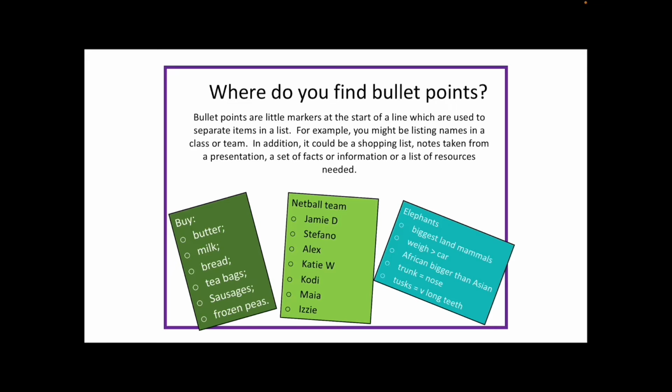They're little markers basically that are at the start of each line, and they're used to separate lists. It doesn't have to be a list. It could be ingredients, that is a list. It could be facts. It could be all sorts of different things. It could also be notes from a presentation, or it could be information or a list of resources.